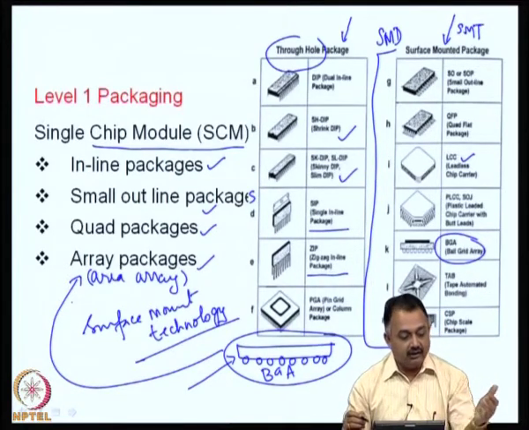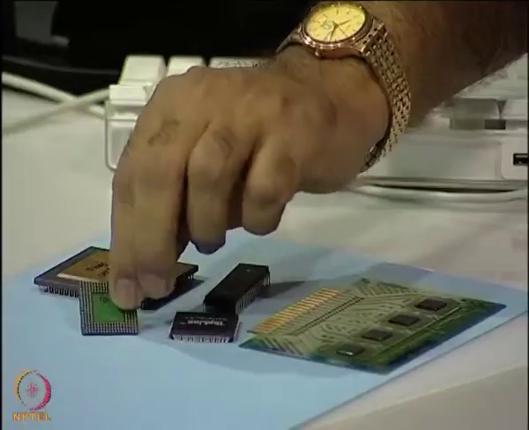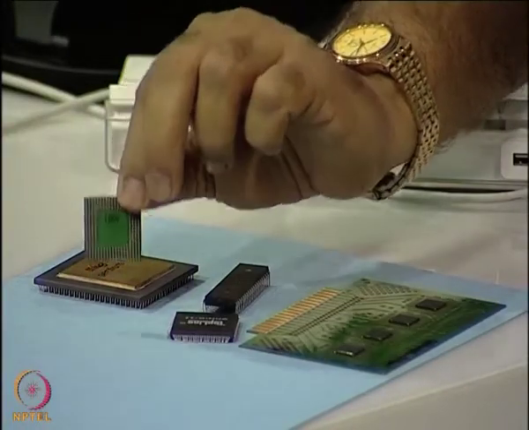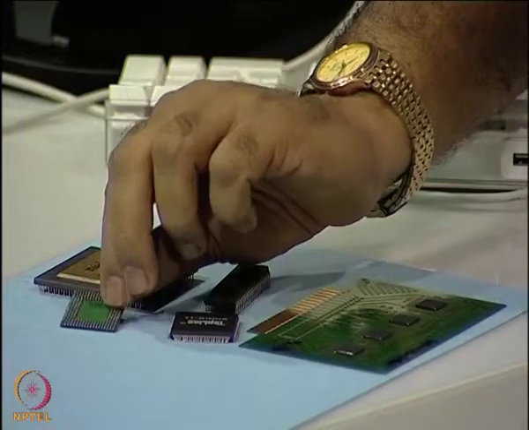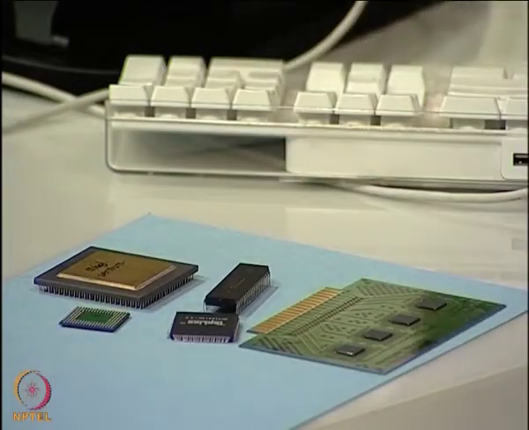It utilizes the entire area under the die, correct, unlike the quad flat pack or the dip packages, where only the periphery is used. So, you can now imagine a BGA package will have very high density in terms of pin density, or you can call it component density, and the number of IOs can be packed in a smaller area compared to a dip package or a quad flat pack. So, that is the advantage of using ball grid array.